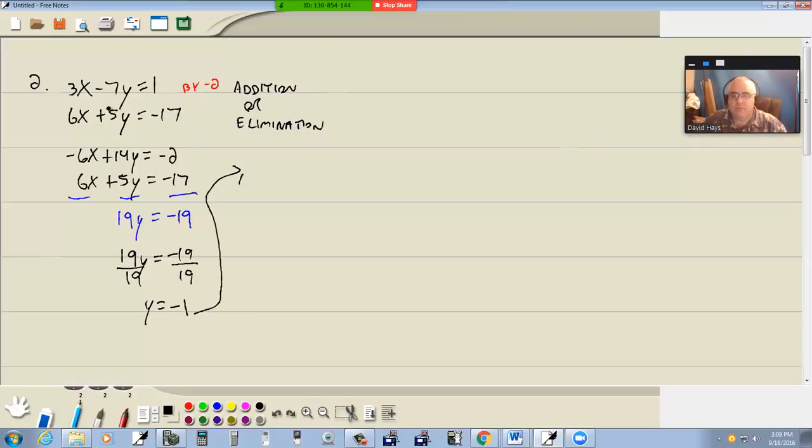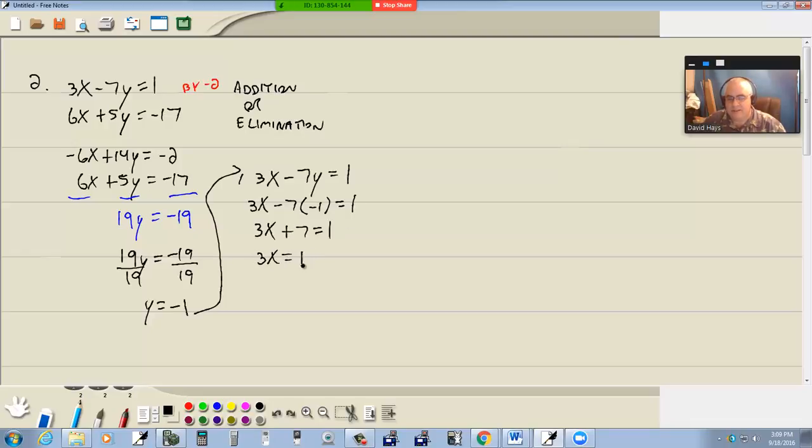Now, at this point, you want to plug it back into one of your equations. It doesn't matter which one, whichever one looks easiest to you. So I'll plug it into the first equation. 3x minus 7y is equal to 1. We just said y is equal to -1, so we get 3x minus 7 times -1 equals 1. -7 times -1 gives us a positive 7.